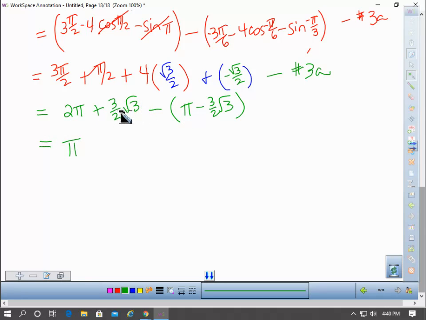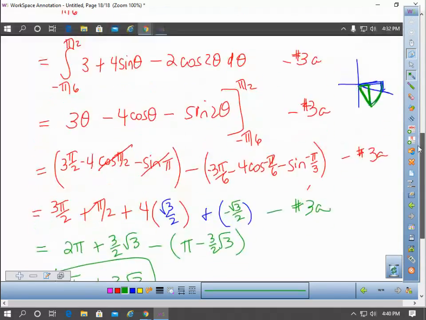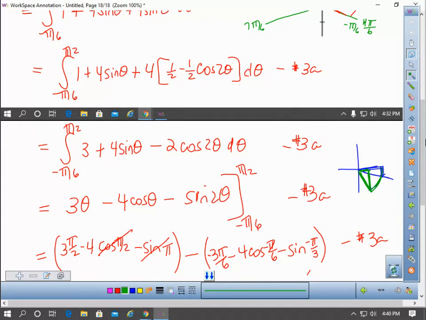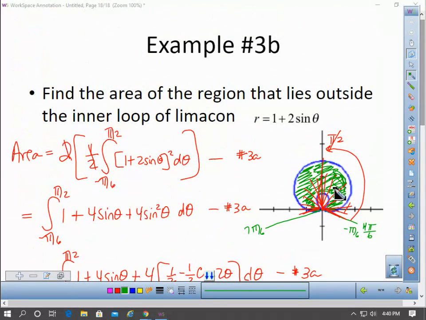And then this will be 3 halves radical 3 plus 3 halves radical 3, which will be 3 radical 3. So there's my answer to part B, where I found just the area of the part on the outside of the loop, this green part.